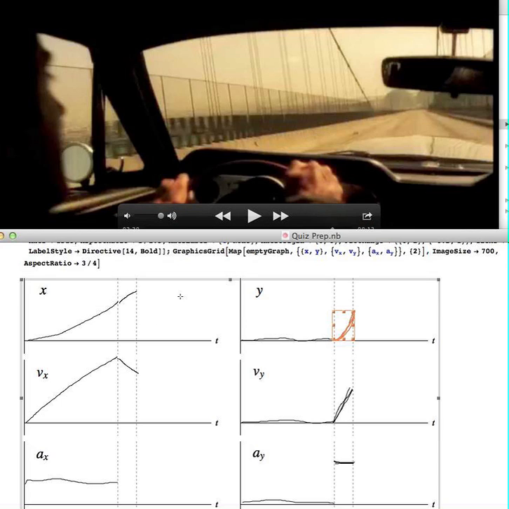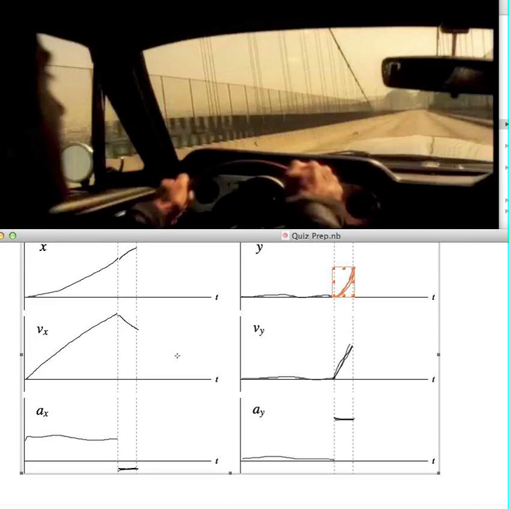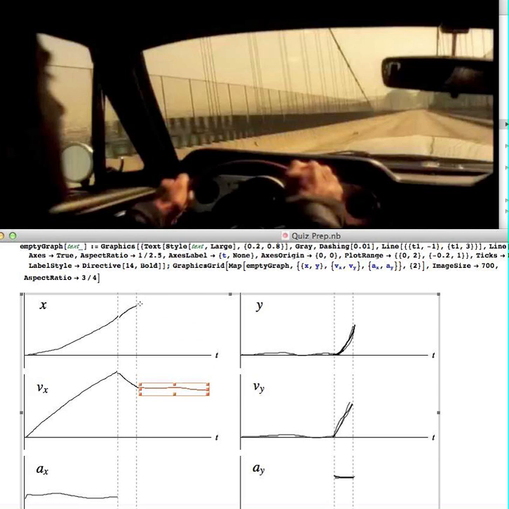So in the x direction, while he's in the air, neither his wheels nor his brakes are touching. He has no way to accelerate horizontally. So he must have no acceleration. And no acceleration means a constant velocity in the air. A constant velocity means a constant slope.